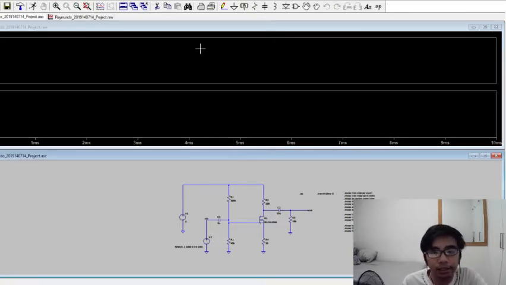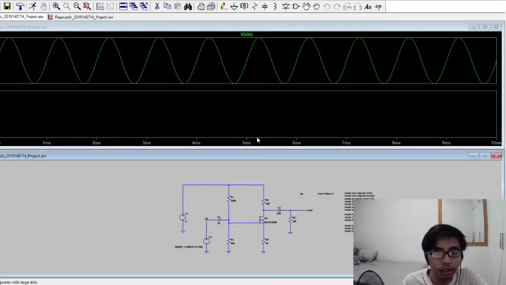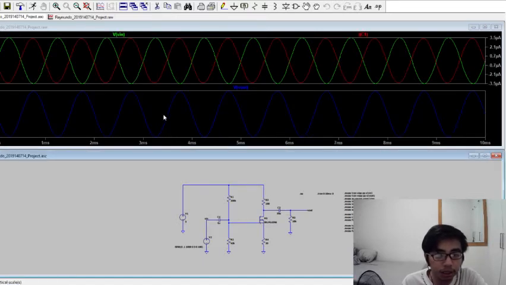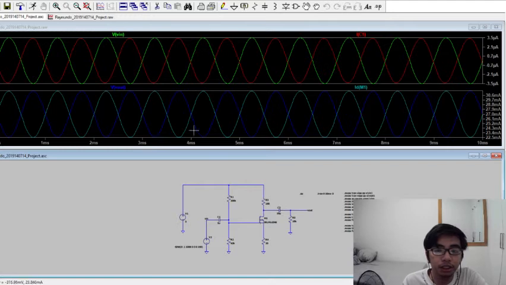First, let's add a plot pin. Then let's add V in, V out, the IC1, and then the drain, just so that it shows both the output.